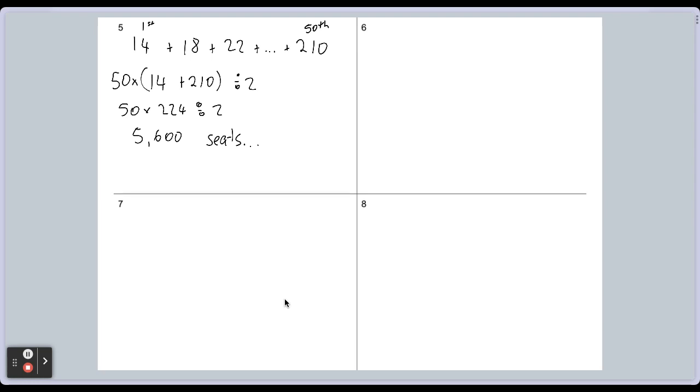In terms of giving a little bit of structured language to it, what we can say is that the sum or the series to n terms is worked out by multiplying n by the first term plus the last term, divided by 2.